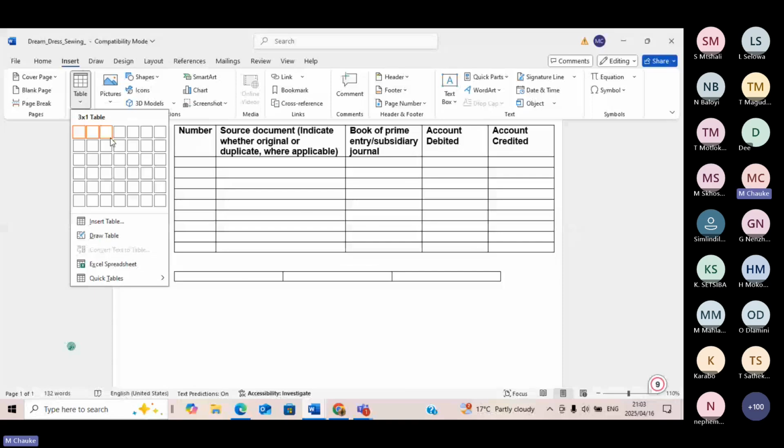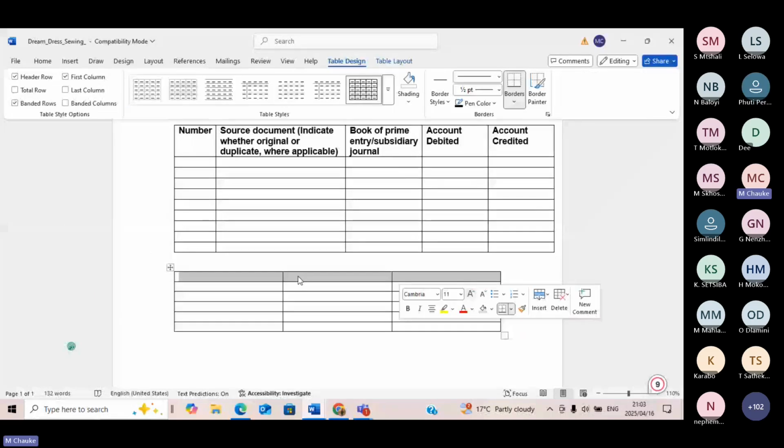I just want to check if you guys know the types or the elements of financial statements. Hello, are you there? You don't. So these are elements of financial statements that are 5.